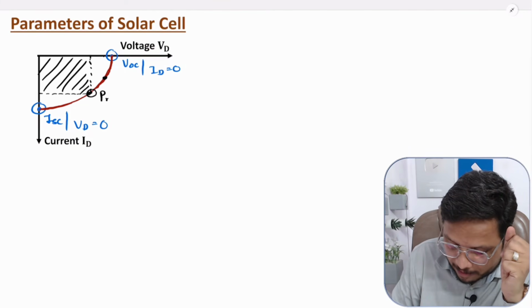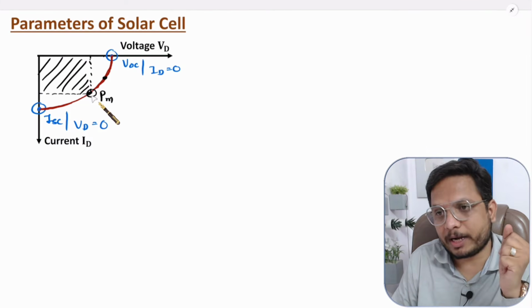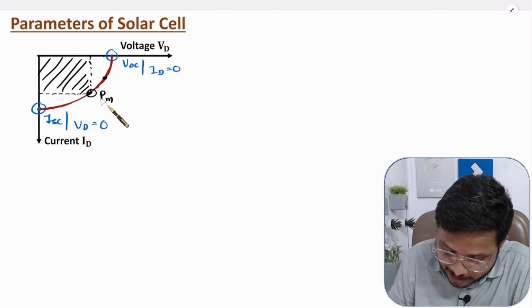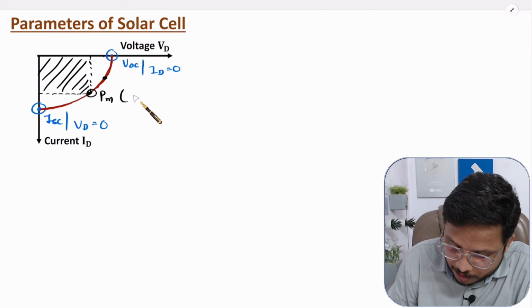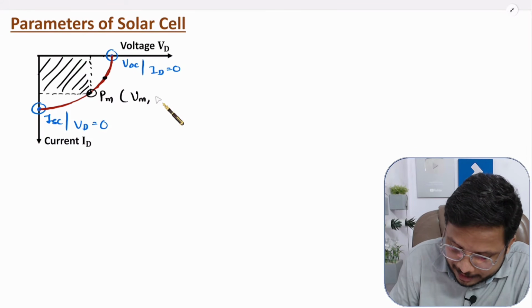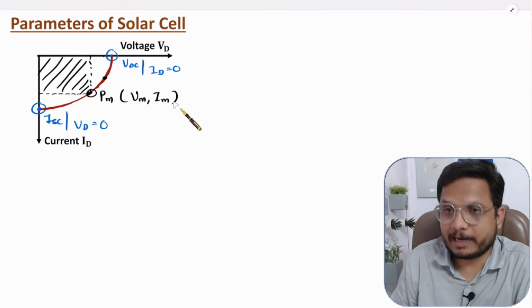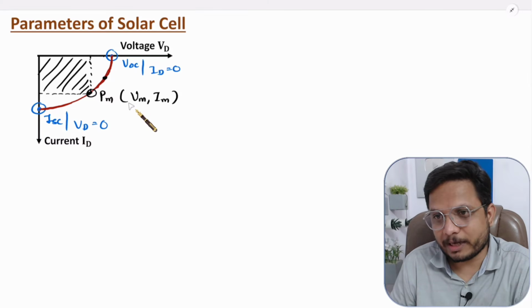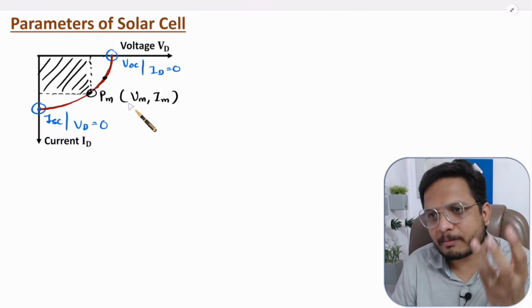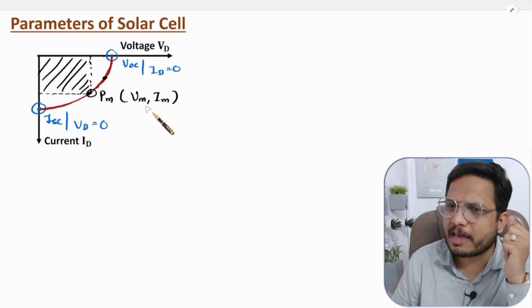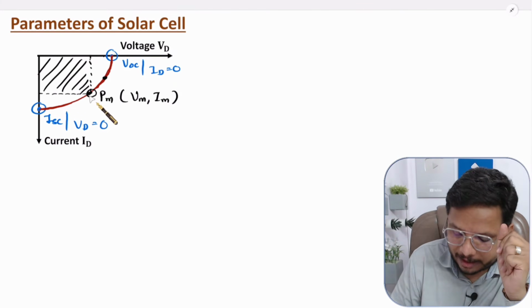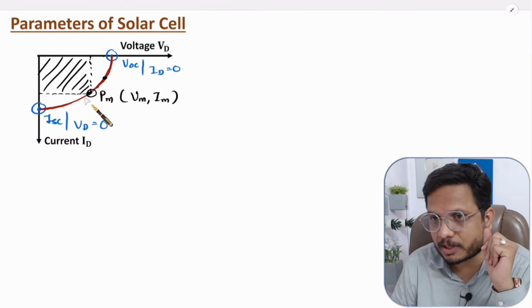At this point, as power is maximum, you can say voltage and current both are maximum, and only then can you say power is maximum over here. So I'm keeping the notation as Vm and Im, the point at which we have maximum power generation.